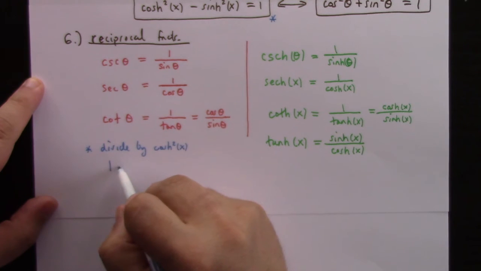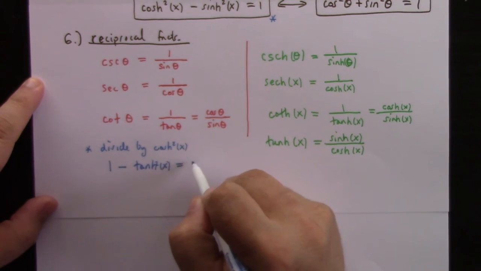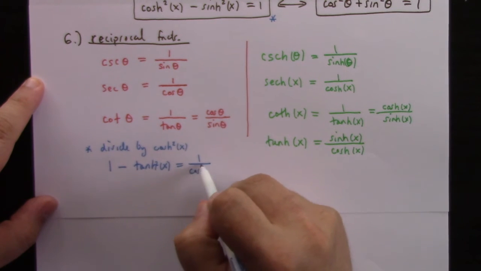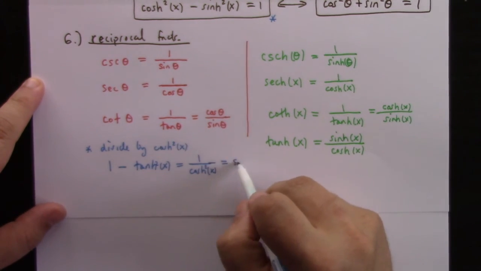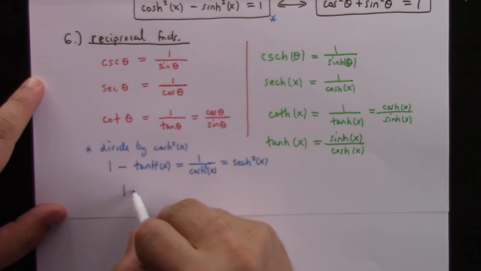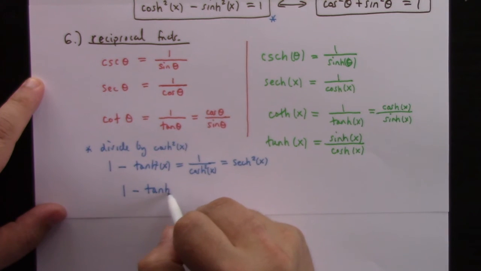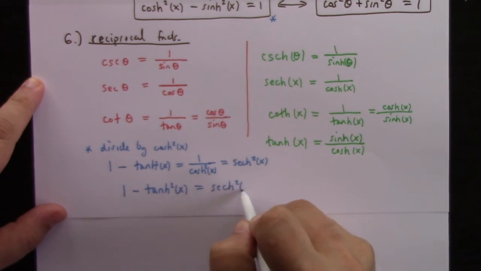I get 1 minus tanh squared is equal to 1 over cosh squared. But 1 over cosh squared is hyperbolic secant squared of x. So there's an identity: 1 minus the hyperbolic tangent squared is equal to the hyperbolic secant squared.